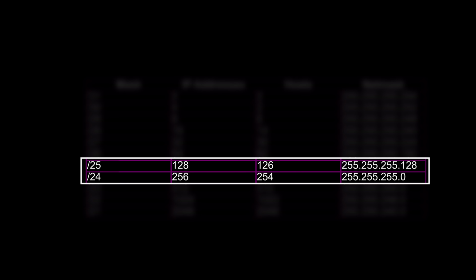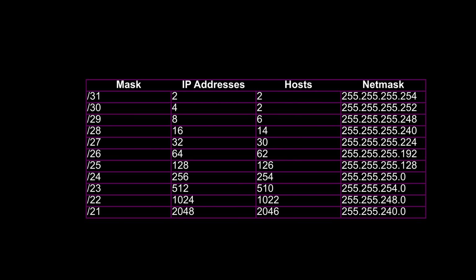into 2 networks. So now you'll have 146.72.5.0/25, and you'll also have 146.72.5.128/25, right?